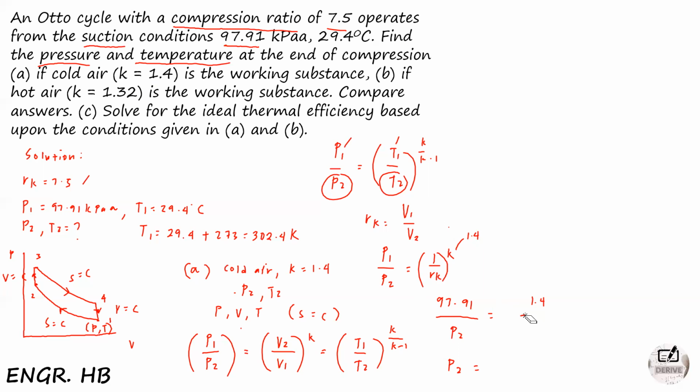I told you, I was away for a long time, so we're a bit rusty. So that was 1 over 7.5, because your pressure should go higher. As you can see here, you compressed, so of course your pressure will go higher. In the diagram, obviously, pressure 1 is less than pressure 2. So that was 1 over 7.5 raised to 1.4. Of course, this should be less than 1. And 97.91, divide by that answer, and you will get 1644.04 kilopascals absolute.